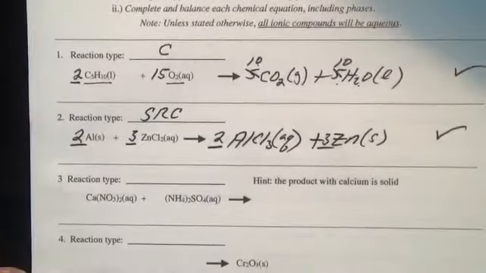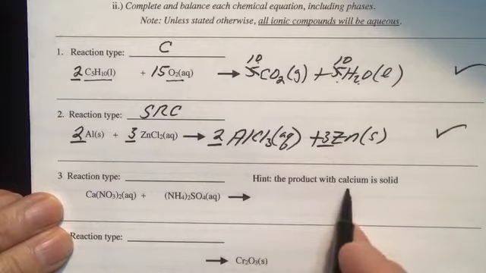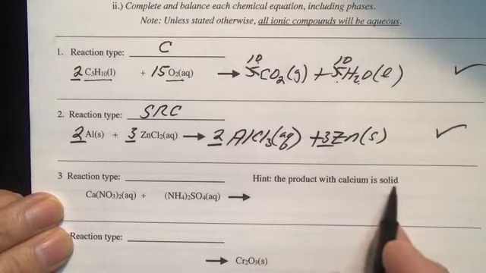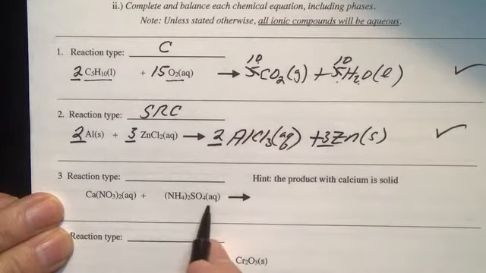Here, you have 2 aqueous compounds. So 2 aqueous compounds is a double replacement reaction. And the hint here tells you that the product with calcium will be a solid. So this is a double replacement reaction, and a solid will be forming, and a solid we refer to as a precipitate.